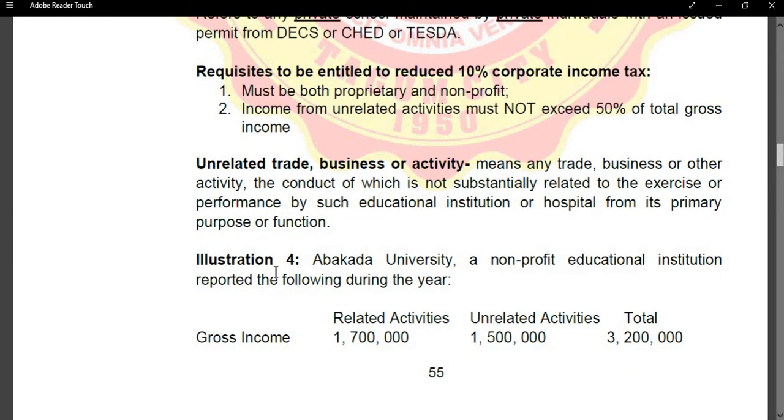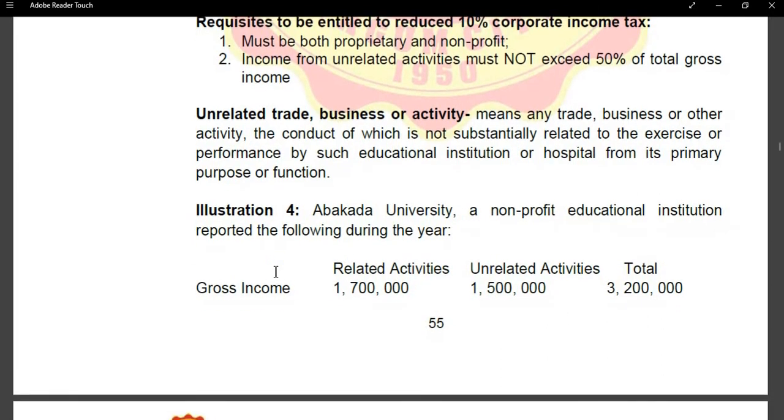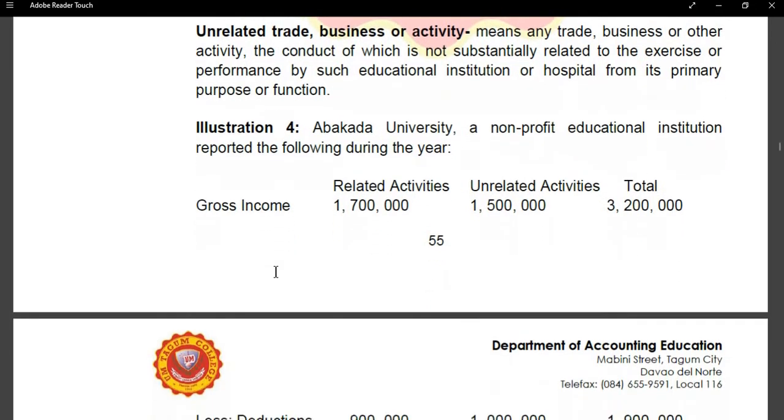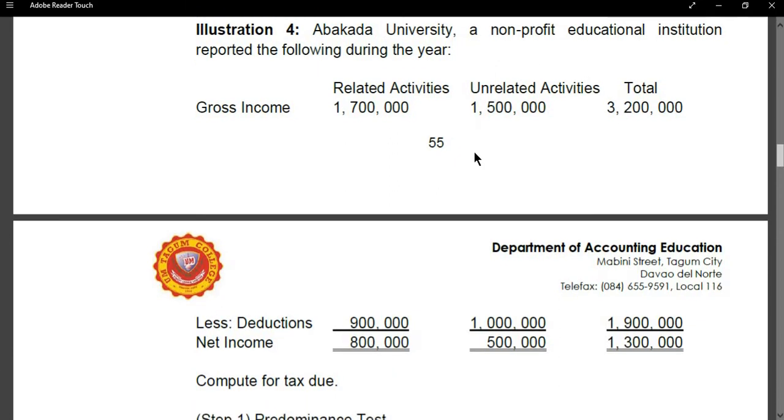Illustration 4. To illustrate, Abacada University, a non-profit educational institution, reported the following during the year. So, it has related activities, unrelated activities, and these are the totals. Okay, so there is gross income, less deductions.